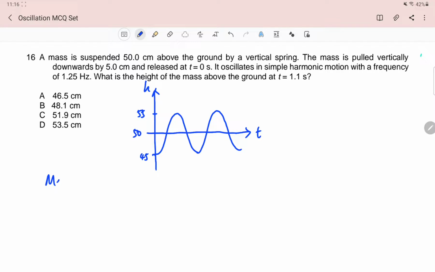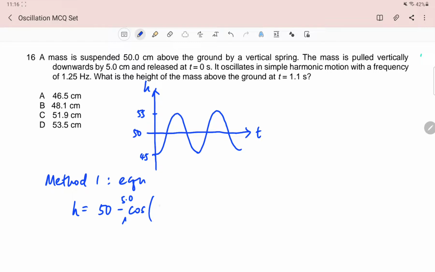And this question we have two methods. So method 1, right, is use the equation. So H is equals to, you see, the entire minus cosine function takes place about 50 cm mark, so you must plus a 50, then minus 5.0 cosine omega t.